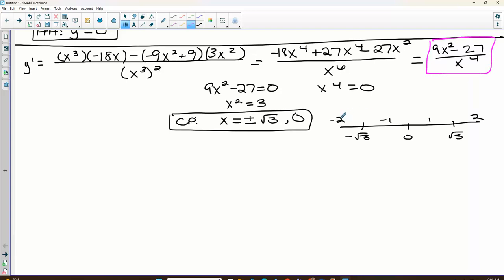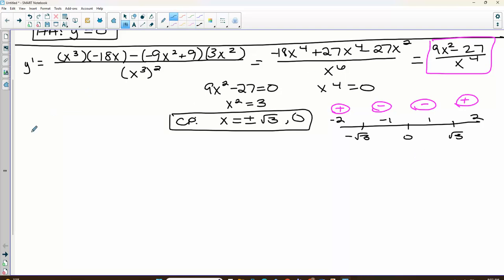So if I put in a -2, 36 minus 27 is positive, -2 to the fourth is positive, so that's positive. If I put in -1, 9 minus 27 is negative, over a positive is negative. If I put in a 1, 9 minus 27 is negative, over 1 is negative. Put in 2, 36 minus 27 is positive, over 16 positive, so we get a positive.